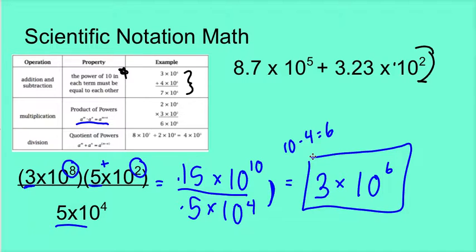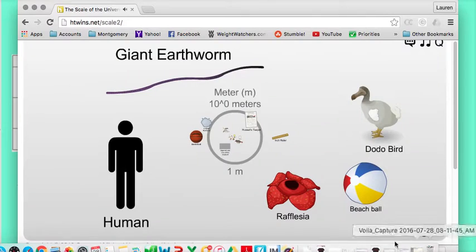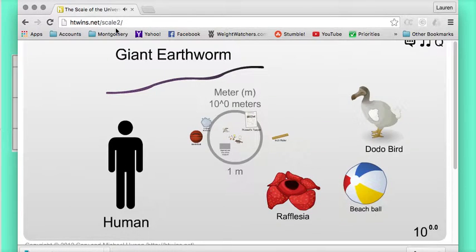And if you're curious about how powerful scientific notation is and what a difference that power of 10 makes, I highly encourage you guys to check out H.T. Twins' Scale of the Universe. Here you can start at 10 to the 0.0, which is on the order of magnitude of a human or a beach ball.